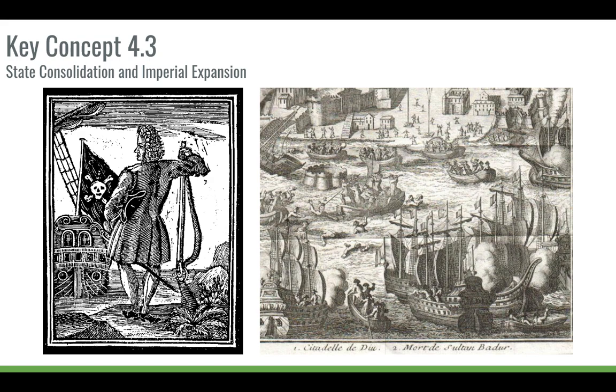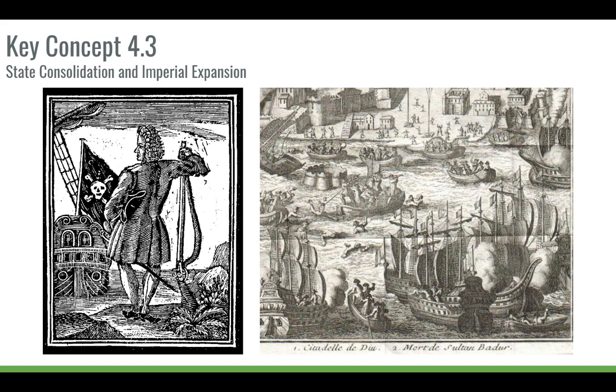And so the one thing that we see is competition over trade routes. For example, on the right here, we see a military battle between the Omani people and Europeans who had a trade rivalry in the Indian Ocean, oftentimes resulting in armed conflict. On the left here, we see an image of a pirate in the Caribbean, here a French pirate.